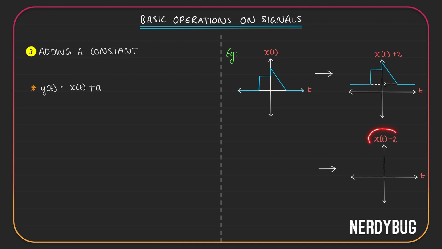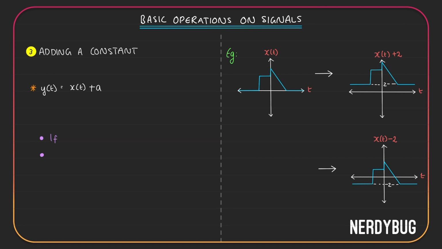Similarly, if I want x of t minus 2, what do I do? I want to subtract 2 from the amplitude at every value of t. So here also, I can take the same signal, keep it here, and then shift it downwards 2 units. So this is going to be minus 2. So we can conclude two things here.